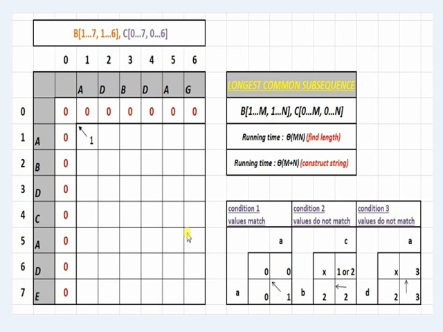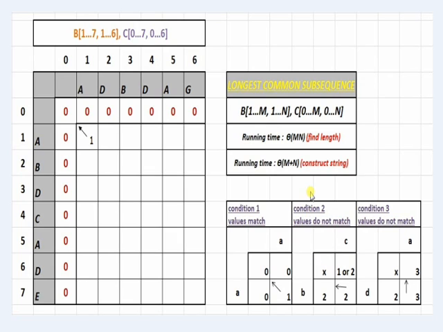Now comes the second condition. Again we check the characters A and D, which are not matching. So we look at condition 2 or condition 3.